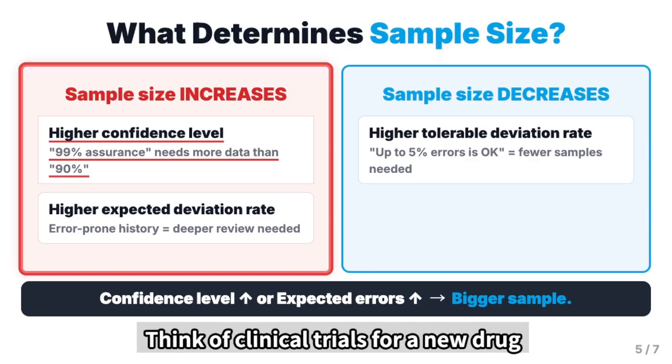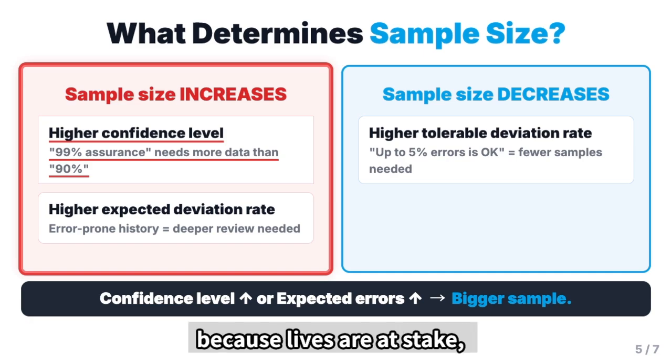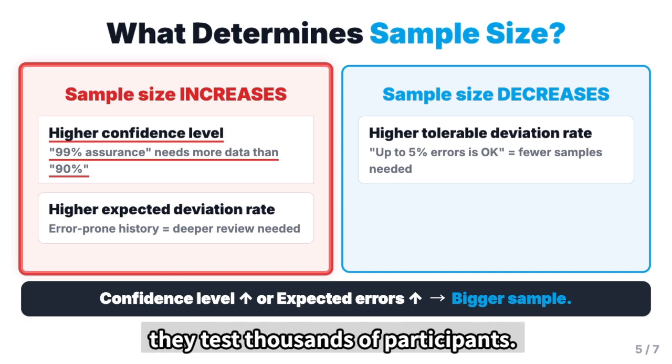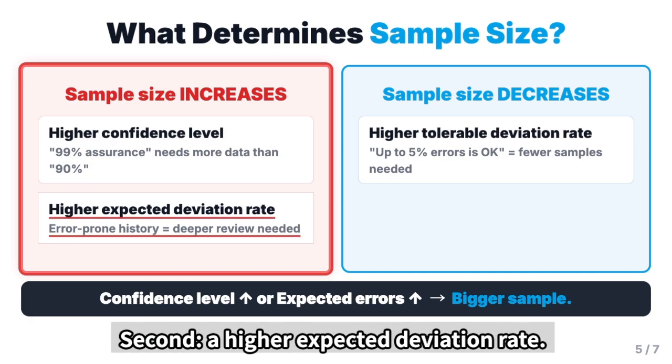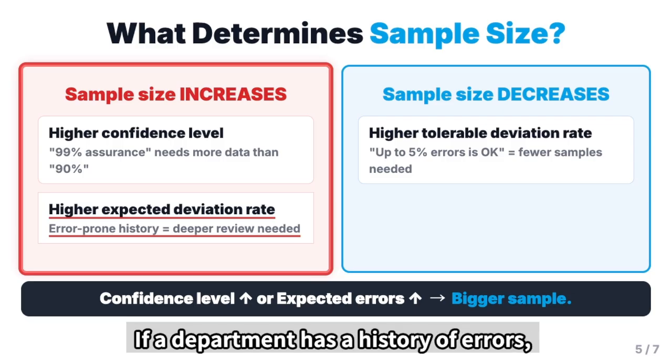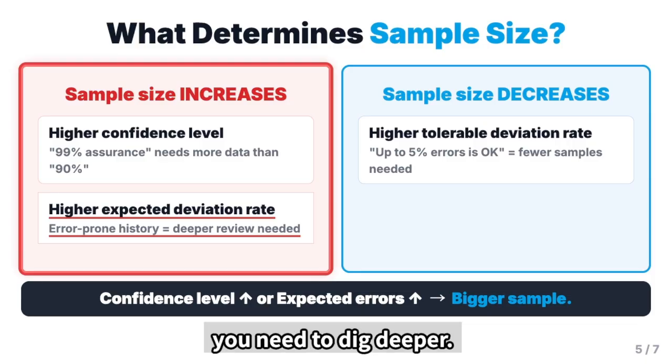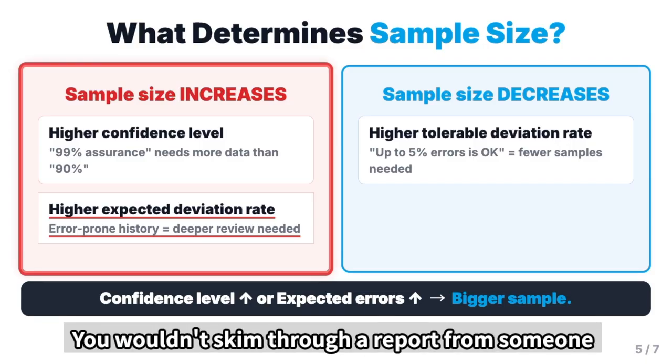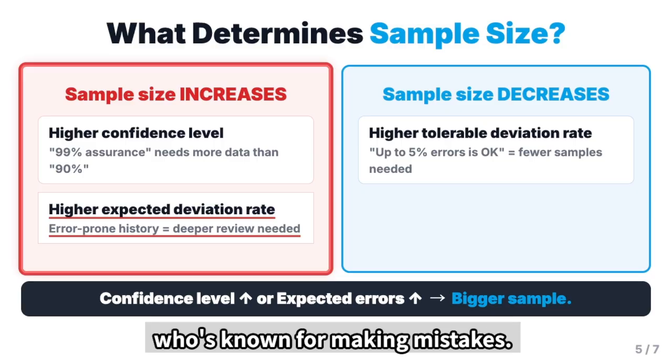Think of clinical trials for a new drug, because lives are at stake. They test thousands of participants. Second, a higher expected deviation rate. If a department has a history of errors, you need to dig deeper. You wouldn't skim through a report from someone who's known for making mistakes.